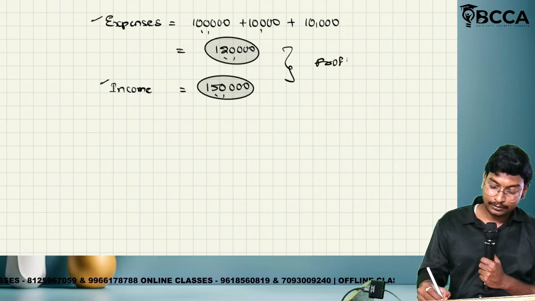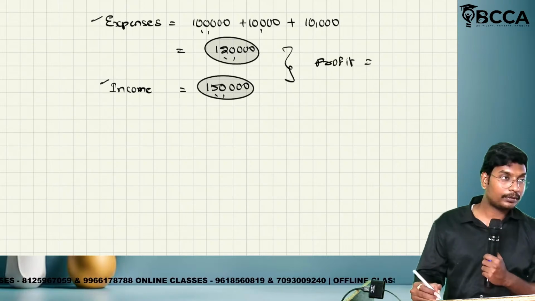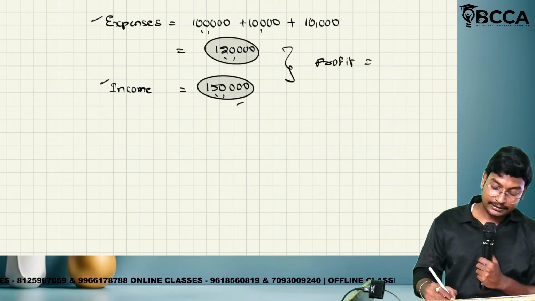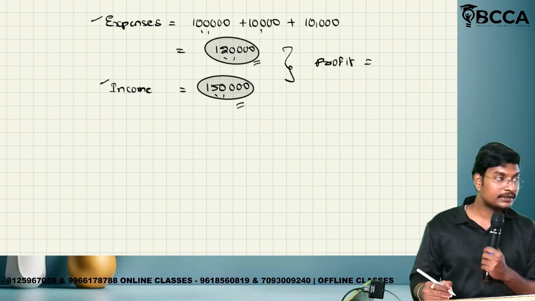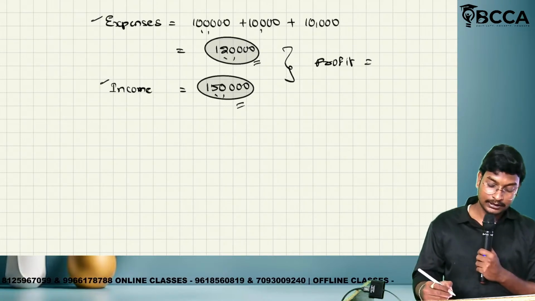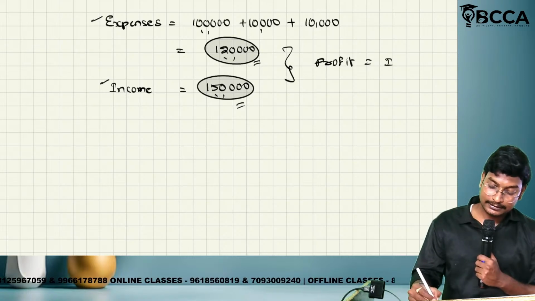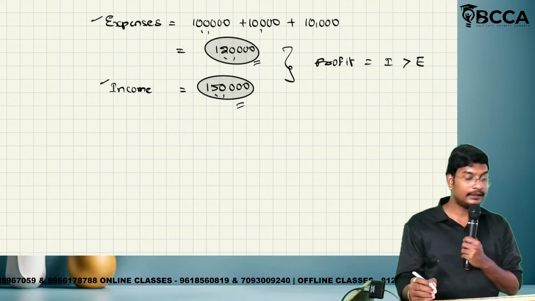We will get the profit. How have we got the profit? Because we are having income of rupees 1,50,000 and expenses of rupees 1,20,000. So income is greater than expenses.